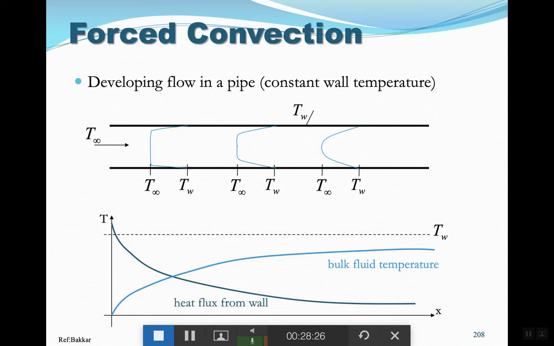Now, the next subcategory is forced convection. In forced convection, as we said, you have an external force creating the flow for you. So in here, you don't need temperature gradients to have density gradients to have the flow. Although, remember, in forced convection, you might also have natural convection as well as conduction.